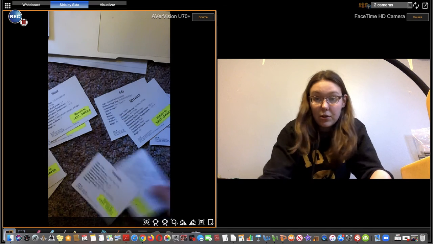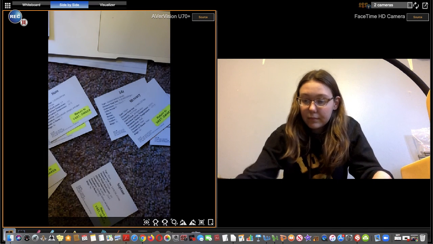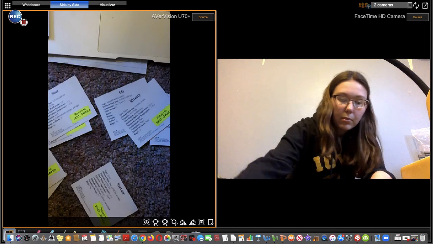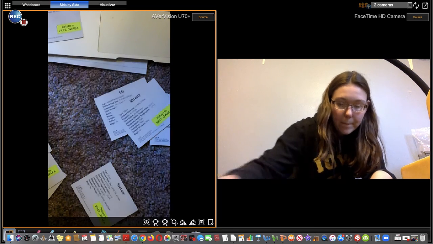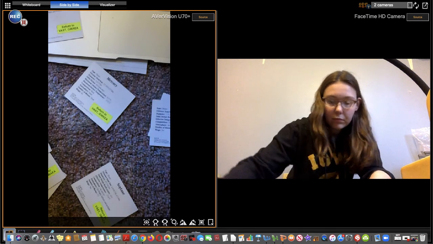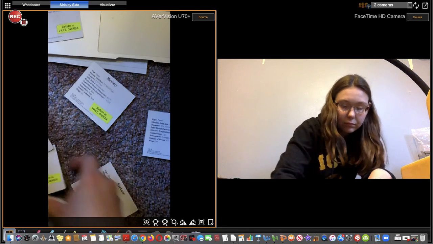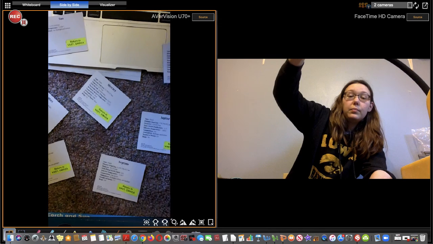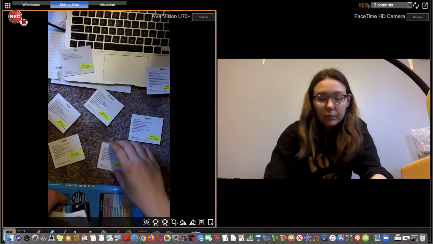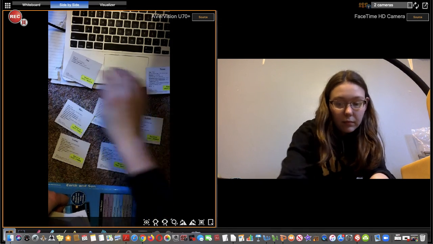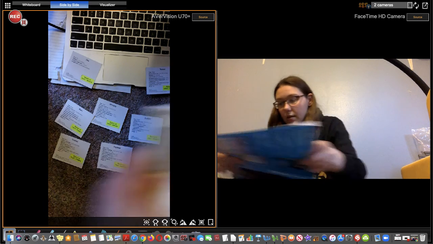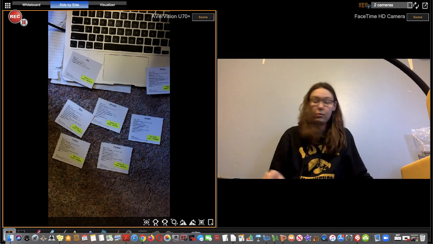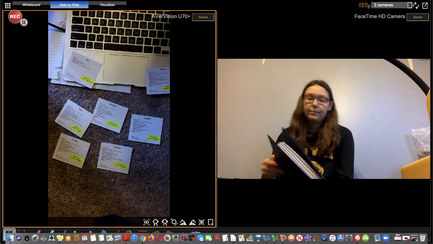I'm going to get rid of the extra cards because they're a little bit in my way at the moment. And this is a bit of a tiny sheet, so I'm going to write it out on my bigger one.